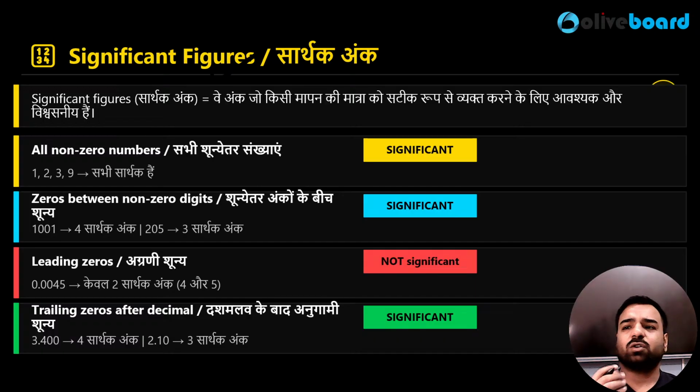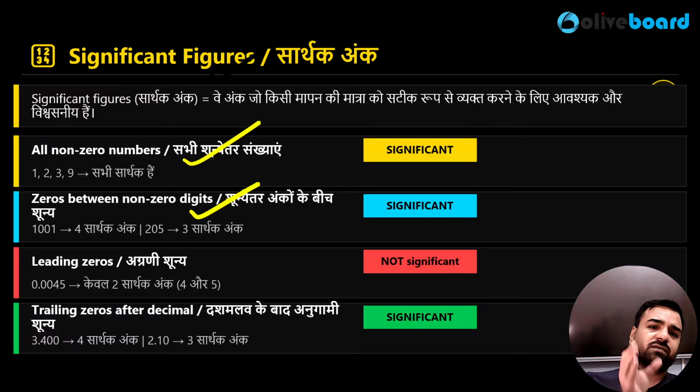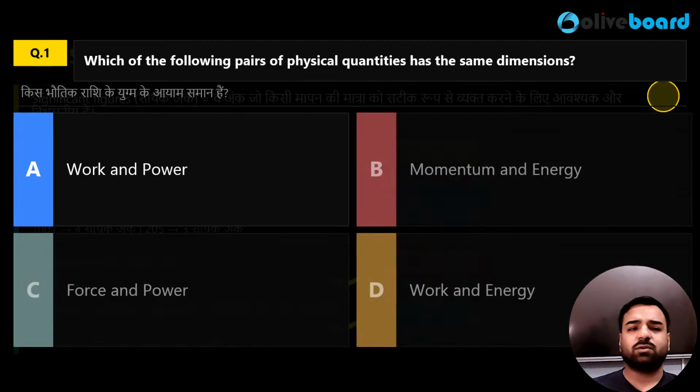So all the non-zero numbers are significant. Zeros between two non-zero digits are significant. If they are leading zeros, that is, if zeros are there in the starting, they won't be significant. But if zeros are added later on, they all will be significant.